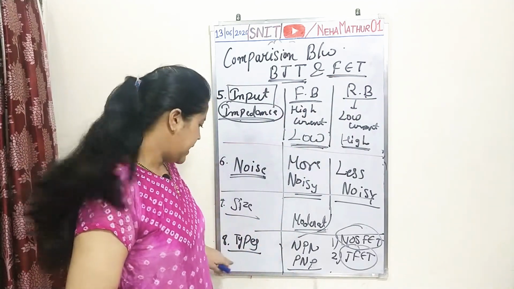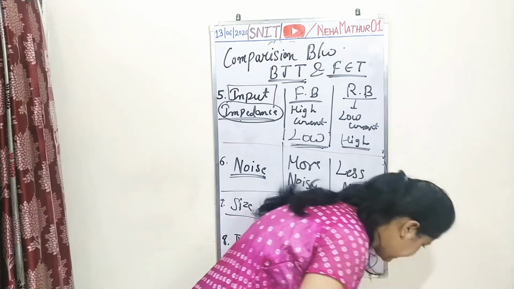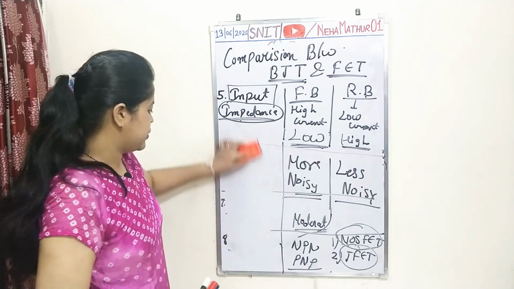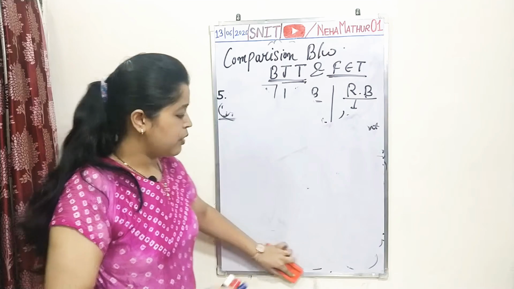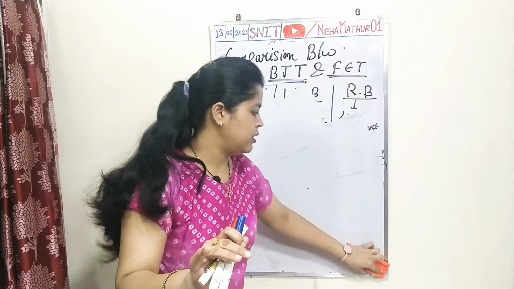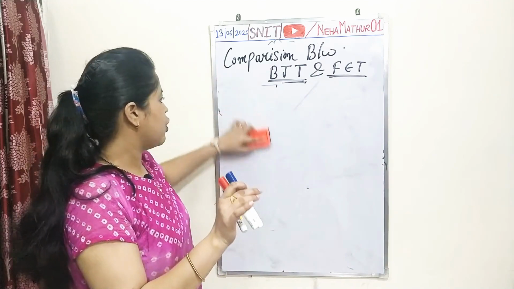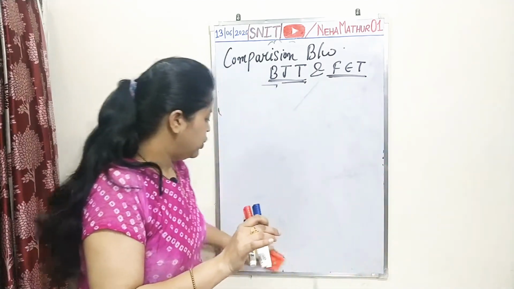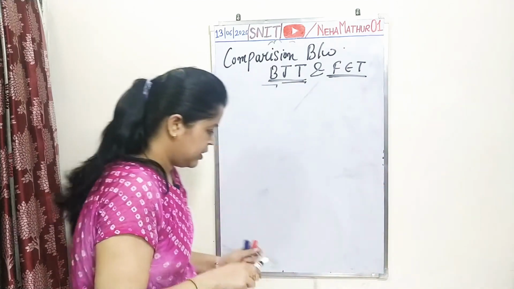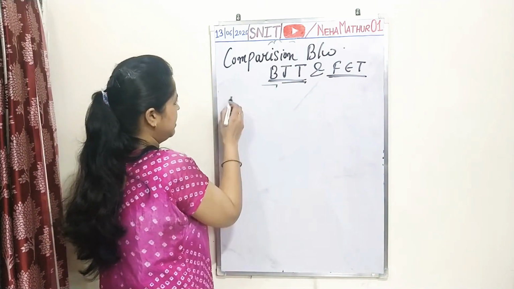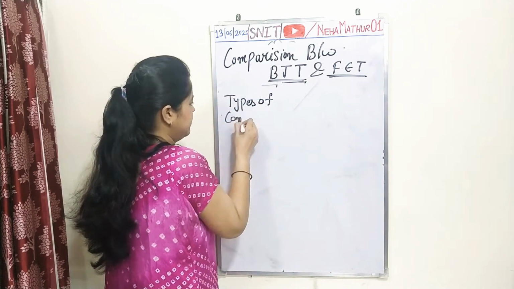This is the next parameter. Now come to one more, that is the type of configuration. The configuration is completely based on the number of terminals of a transistor, so you can easily specify its classification of configuration.